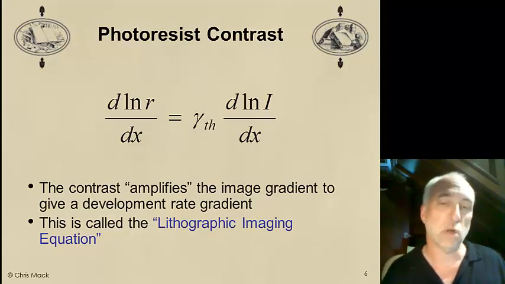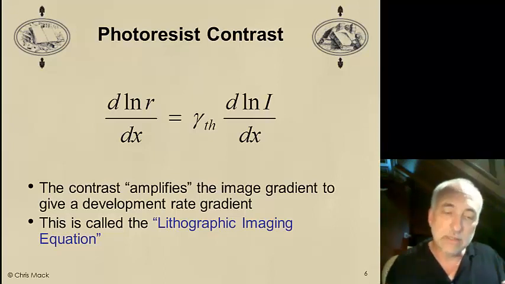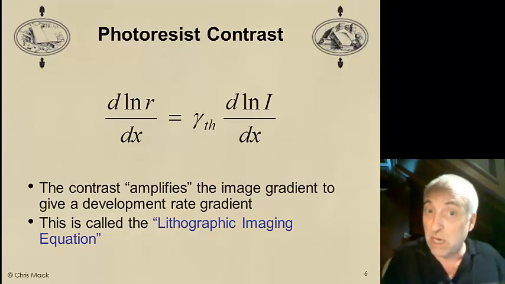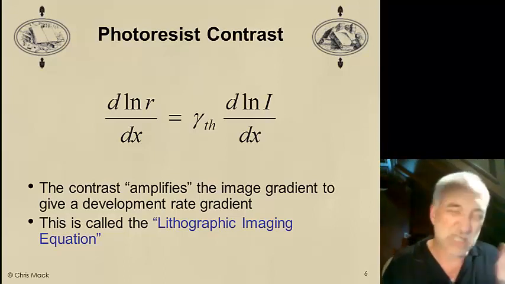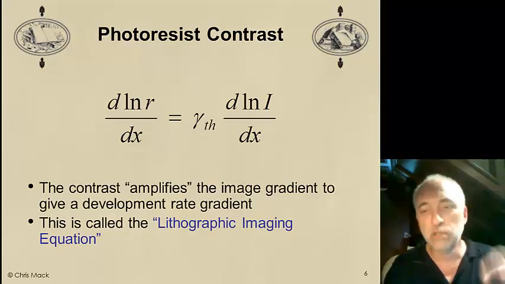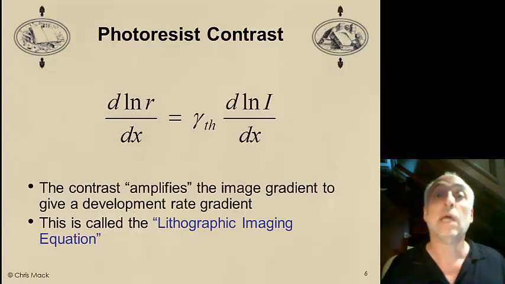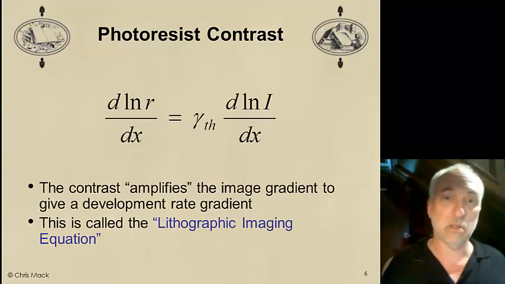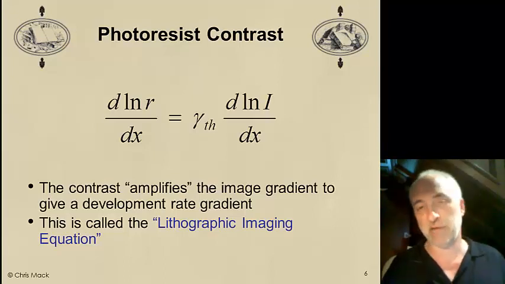This equation is called the lithographic imaging equation. It tells us both the impact of the image and the photoresist on the final result. It doesn't quite tell us everything, but it's a useful equation to understand. Now I have an explanation as to why high values of theoretical gamma result in good lithography.